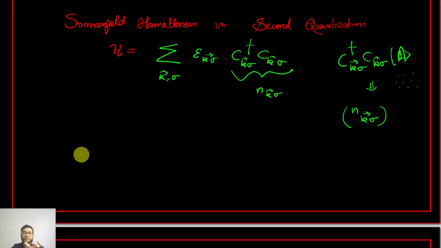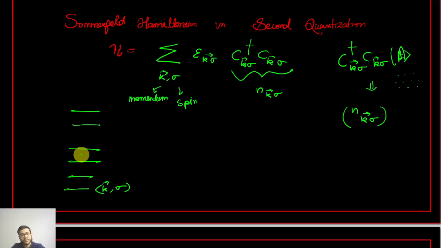It is summing over all the energy levels of all the k sigma states, where sigma is the spin and k is the momentum. The weights are the individual energy eigenvalues.